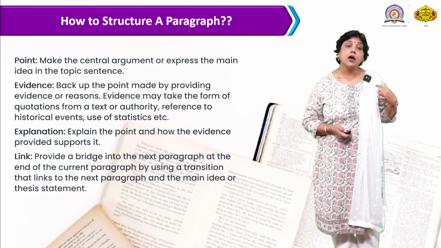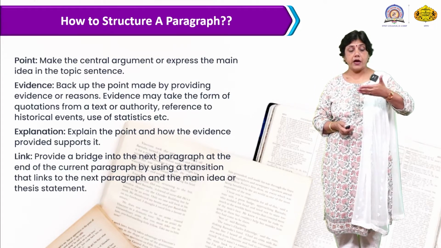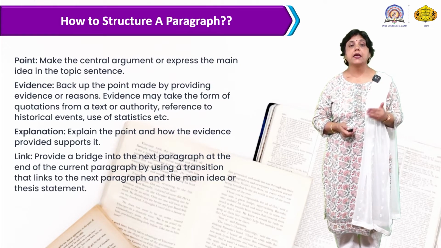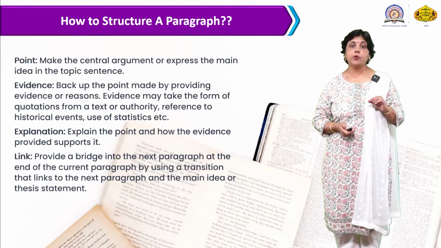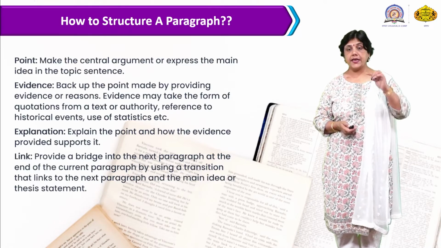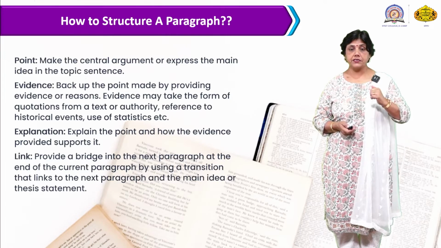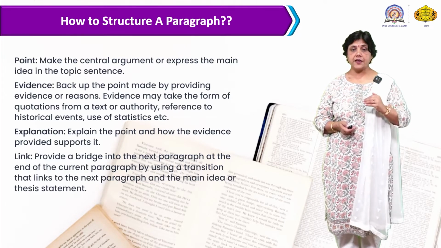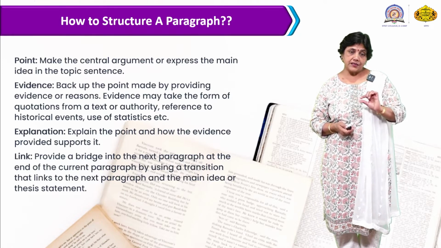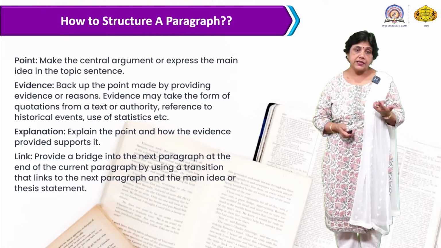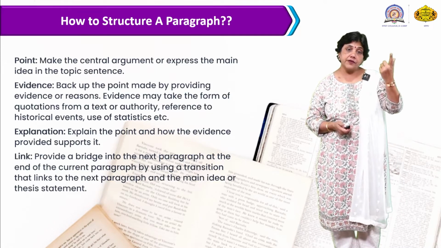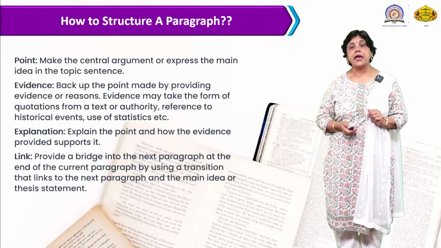This can be called a topic sentence and then you have to support that topic sentence. Second, evidence. Back up the point made by providing evidence or reasons. Like my mother is a busy person, she wakes up at this time, she even works on Sunday. So the second and third sentences are the supporting sentences, providing evidence and reason for the first topic sentence.